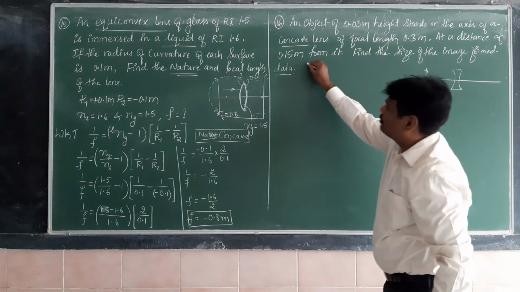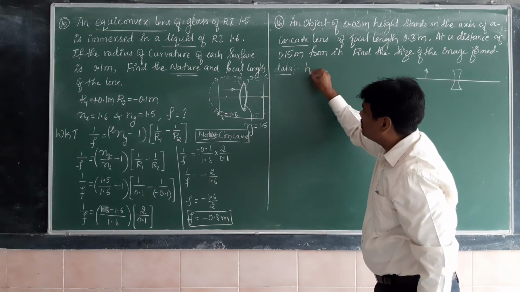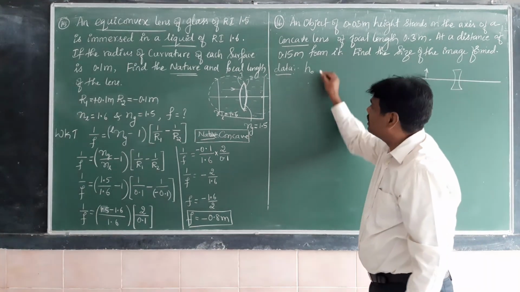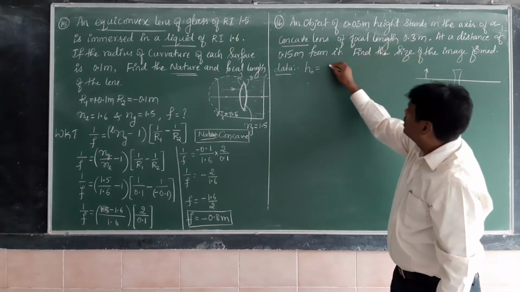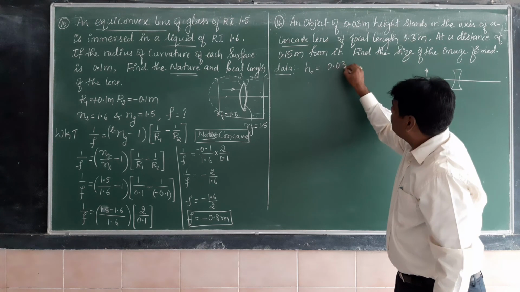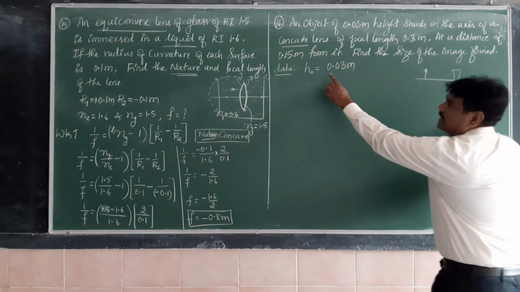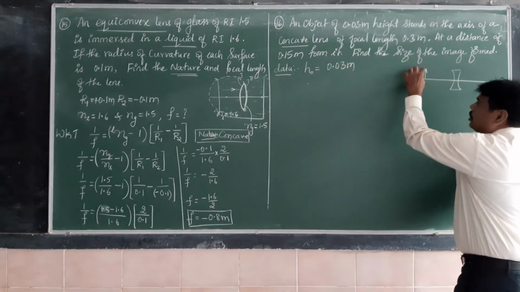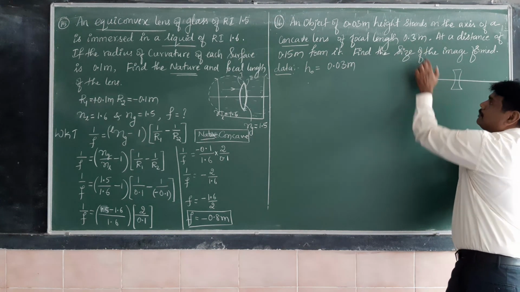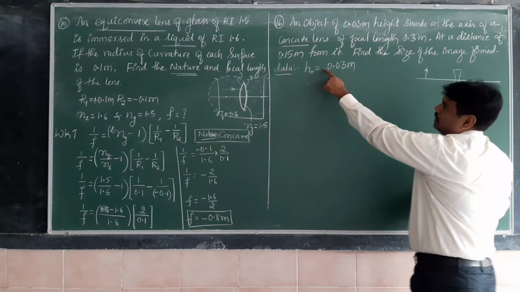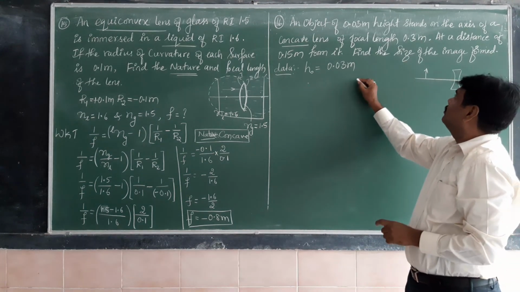So the height of the object, let us consider, is HO. HO is the representation of the height of the object. HO is equal to the given 0.03 meter. I take it as positive here because it is in the upward direction. If it is above the principal axis, we have to take the positive value according to sign convention.